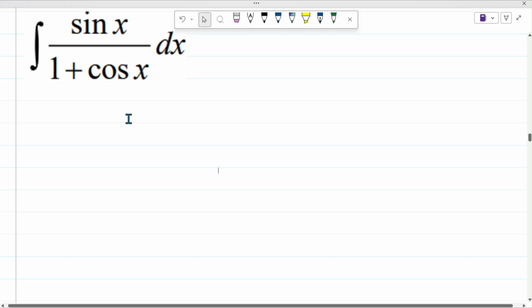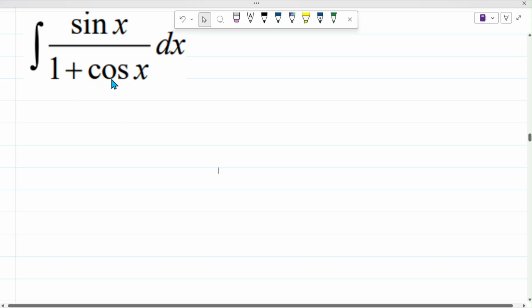If it's equal to -1, then it's the general log rule. If it's equal to something else, not -1, then it's the general power rule.